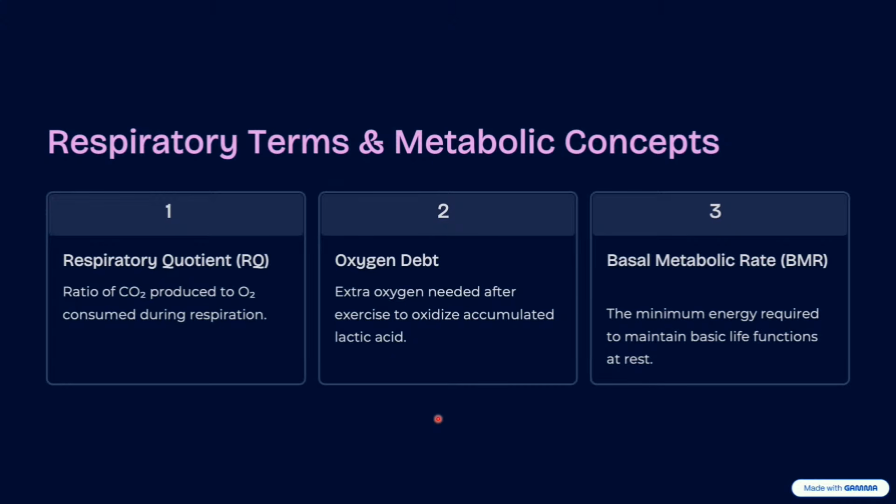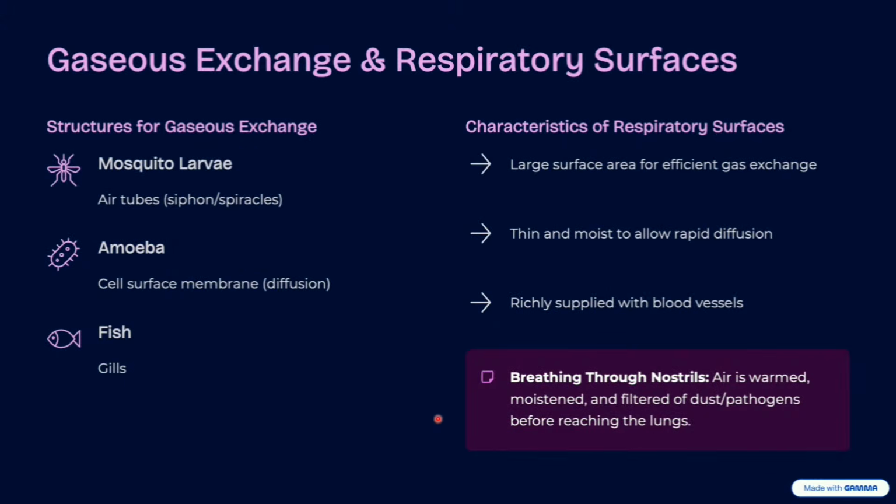Question number 7. People living in high altitudes have a larger count of red blood cells. Explain.